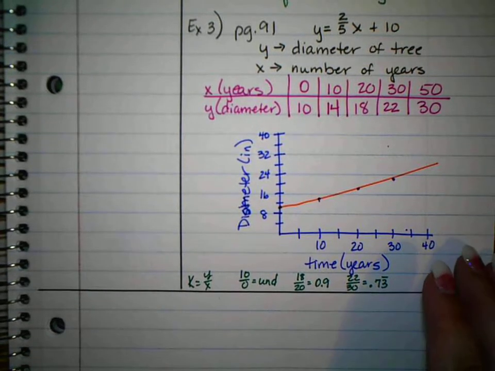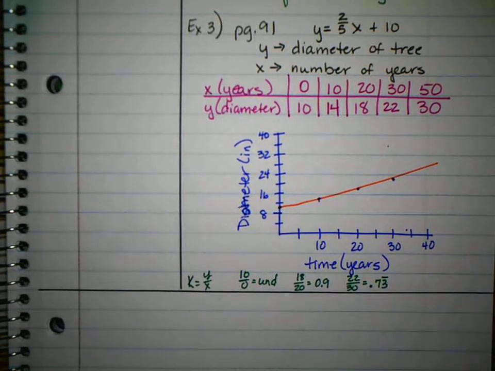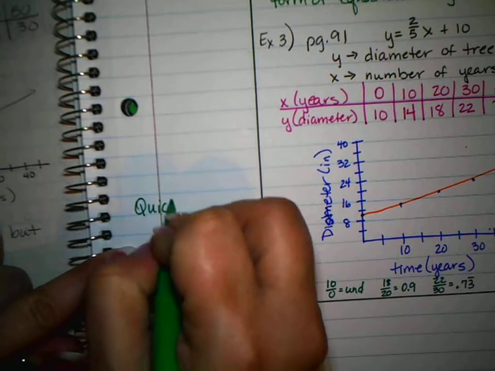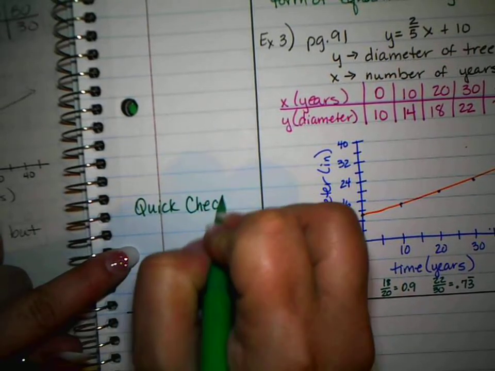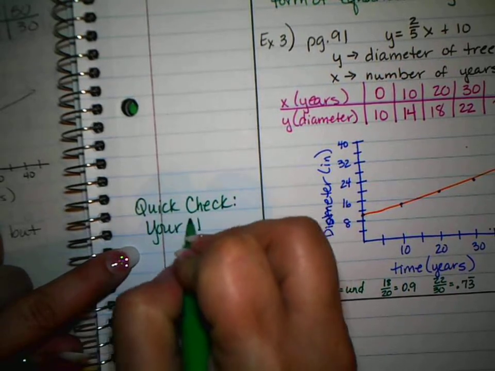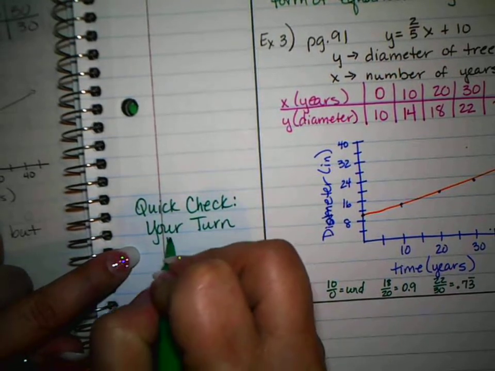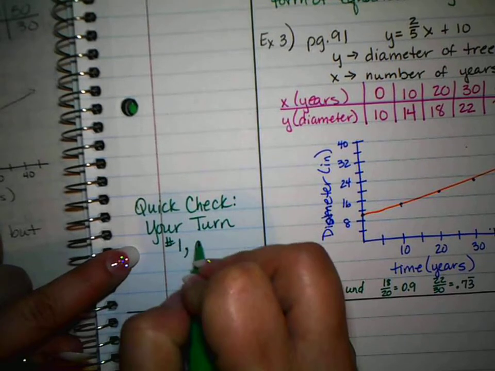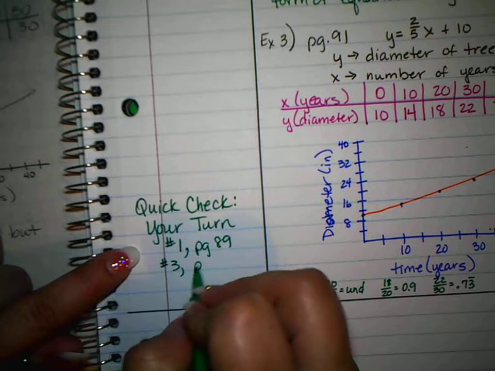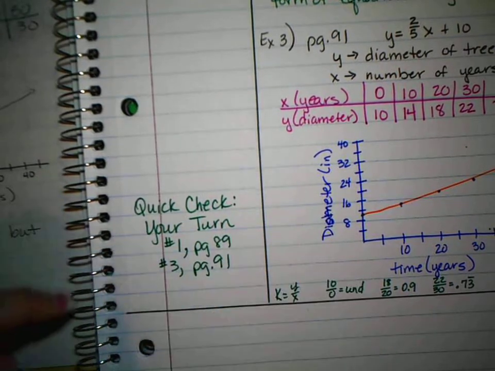And at this point, it is time to talk about your quick check. And I'm going to put it right here. There is the your turns. And you have number 1 on page 89, and number 3 on page 91.